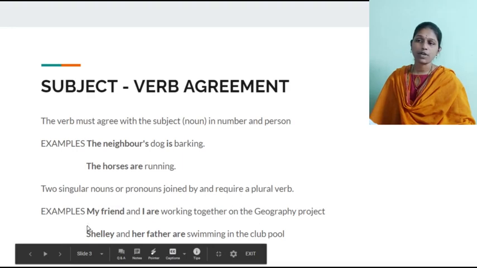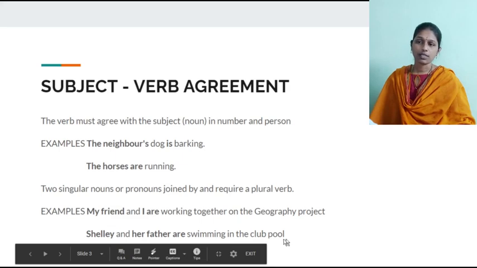Here my friend and I are two different singular nouns, two members. We joined them with the connector and, so we used a plural verb are here.